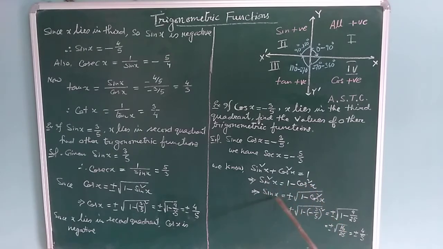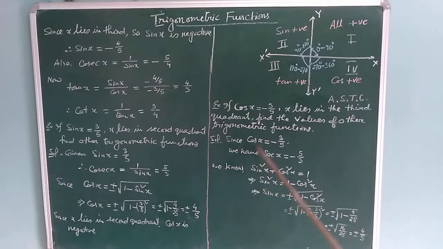So sine x is plus minus under root of 1 minus cos square x. So cos x is given, we put here minus 3/5. After simplification, 3 square is 9, 25, this becomes plus. So we take LCM 25 minus 9 by 25, so we get 16 by 25, so we get plus minus 4/5. Now sin x is plus minus 4/5.